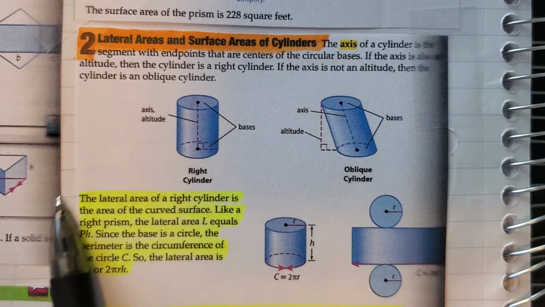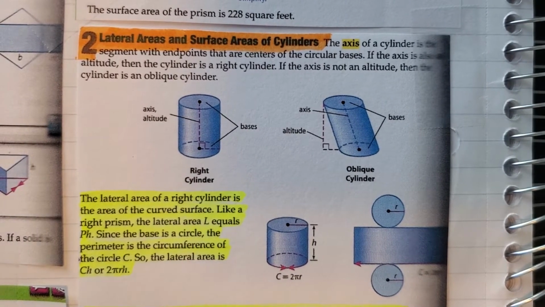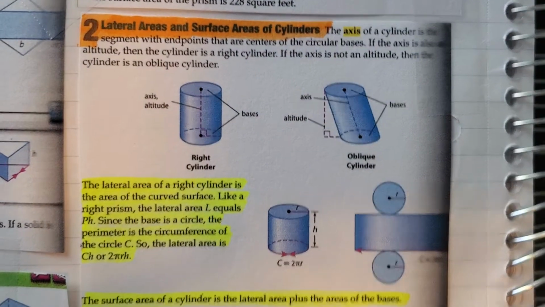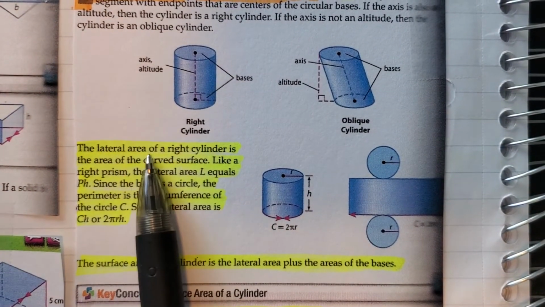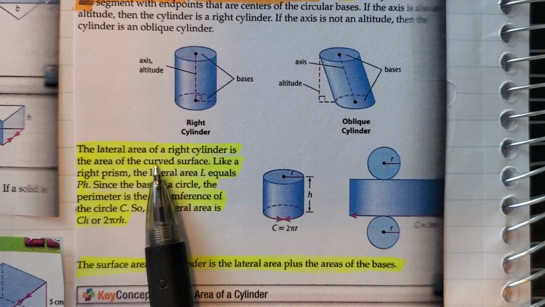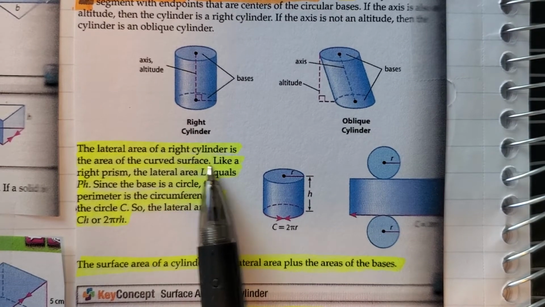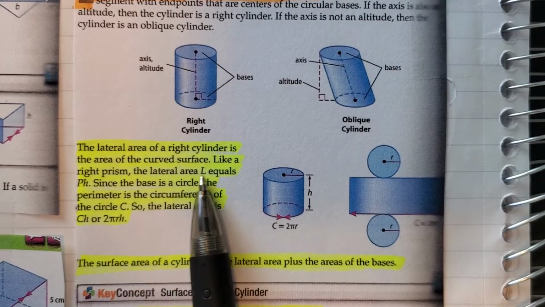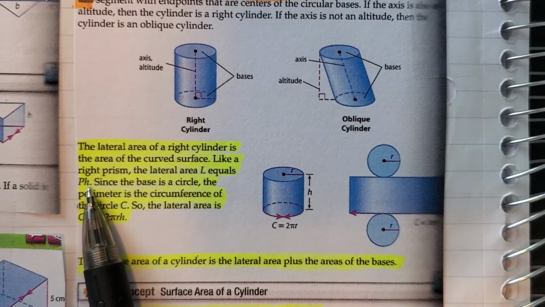Okay, the bases, and you can see that. All right, so this is what I just got done talking about. The lateral area of a right cylinder is the area of the curved surface. Like a right prism, the lateral area L equals the perimeter times height.